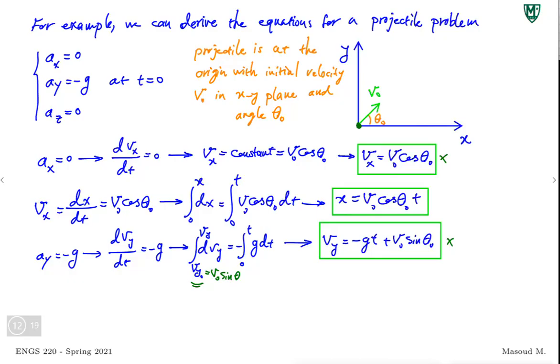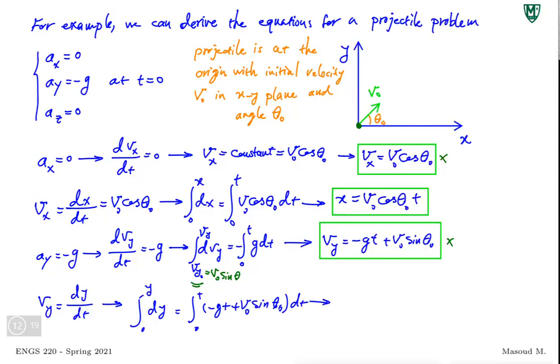We can get y as well, right? So we know Vy is dy/dt. Move things around, I'll skip one step. dy goes from 0 to y, equal to the integral from 0 to t of what I know Vy is, minus gt plus V naught sine theta naught, dt.